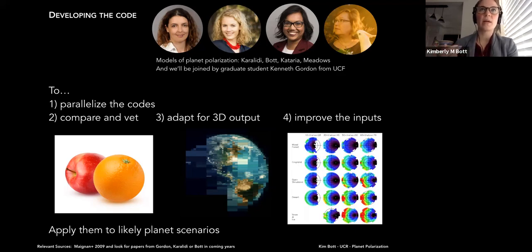And then of course, we want to then take our new, even more capable models and apply this to producing predictions for the polarization of different types of exoplanets to guide not only these small and expensive polarimeters that are being developed by these groups in the US and in Australia, but for the 30-meter class telescopes that are considering polarimeters and space-based concepts like LUVOIR that will include a polarimeter and possibly with some tweaking be able to detect some of these signals.